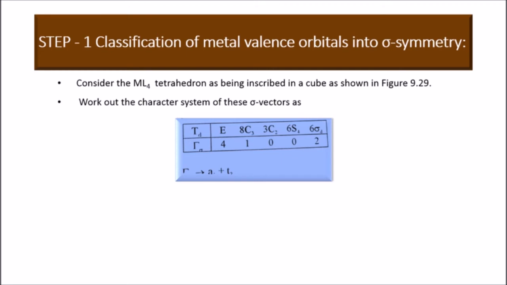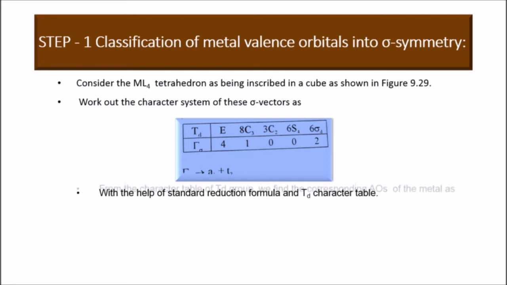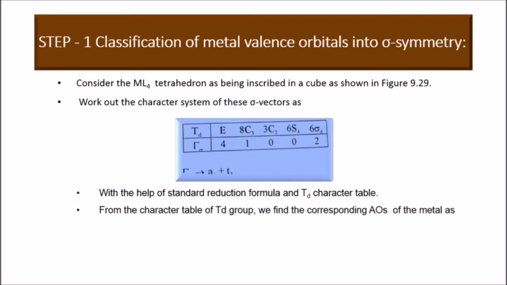I am going to discuss both simultaneously so that you can compare and contrast these two theories. With the help of the standard reduction formula and the tetrahedral character table, we found the corresponding atomic orbitals of the central metal ion as A1 for the 4s orbital, T1 for 4px, 4py, 4pz, and T1 for 3dxy, 3dyz and 3dzx, because here there is no notation of u or g, that is, gerade or ungerade, in tetrahedral geometry.